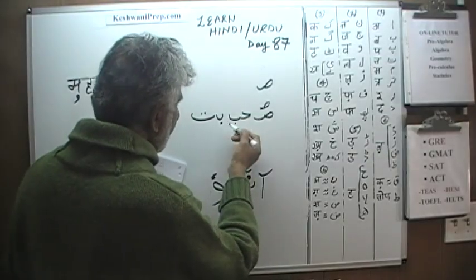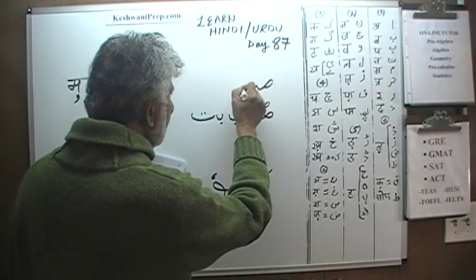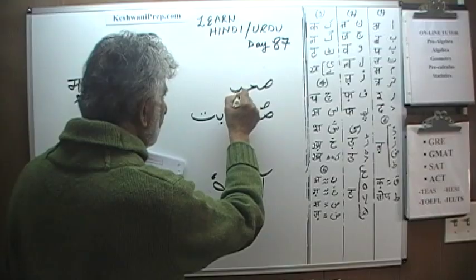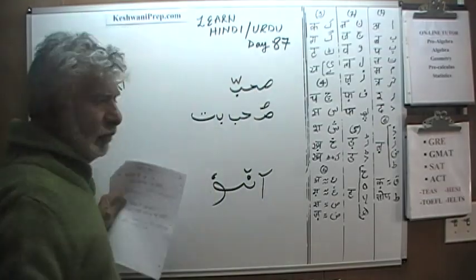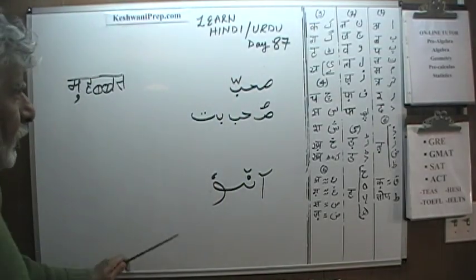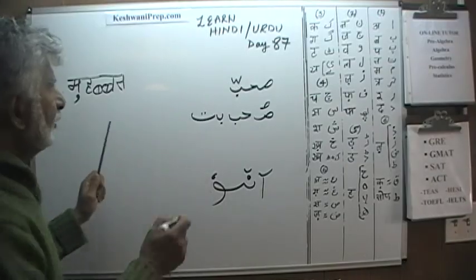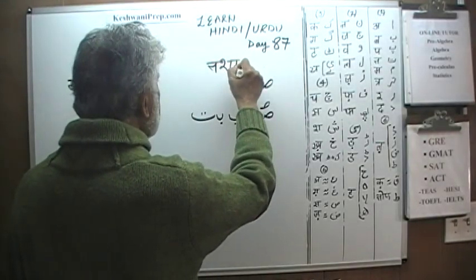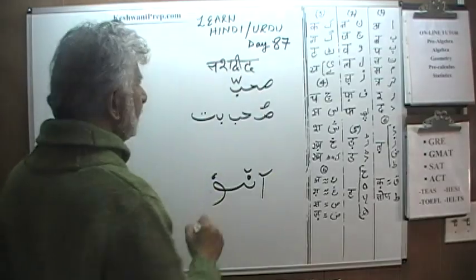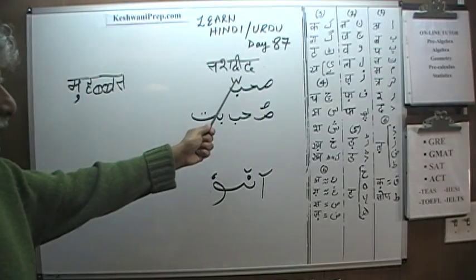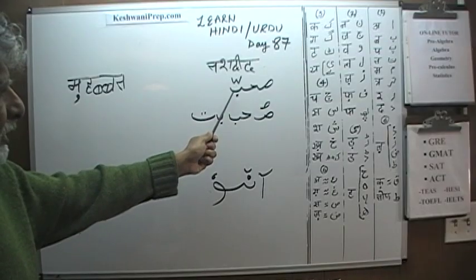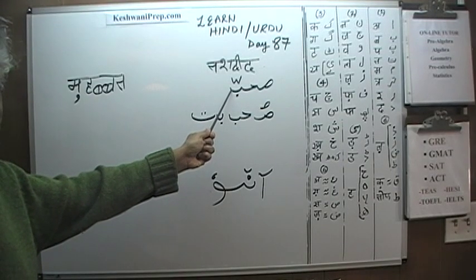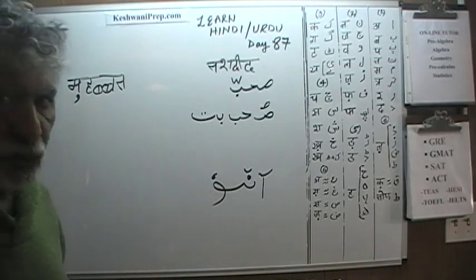In Urdu, we do not write it twice. We're going to write our ha, then we're going to write our ba, and on top of the ba, we're going to put a symbol which looks like a W. We talked about it many times before. That symbol is called tashdid. It tells the reader that this ba is to be pronounced twice.